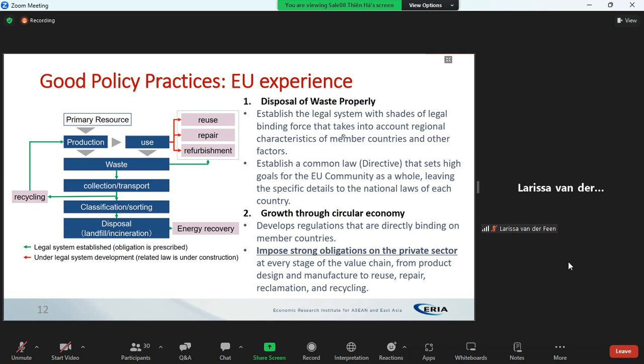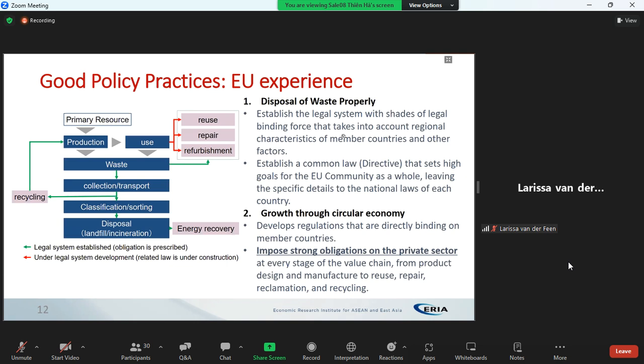The second one is growth through circular economy. The EU develops regulations that are directly binding on member countries. The important point is that the EU imposes strong obligations on the private sector at every stage of the value chain, from product design and manufacturing to reuse, repair, reclamation, and recycling.